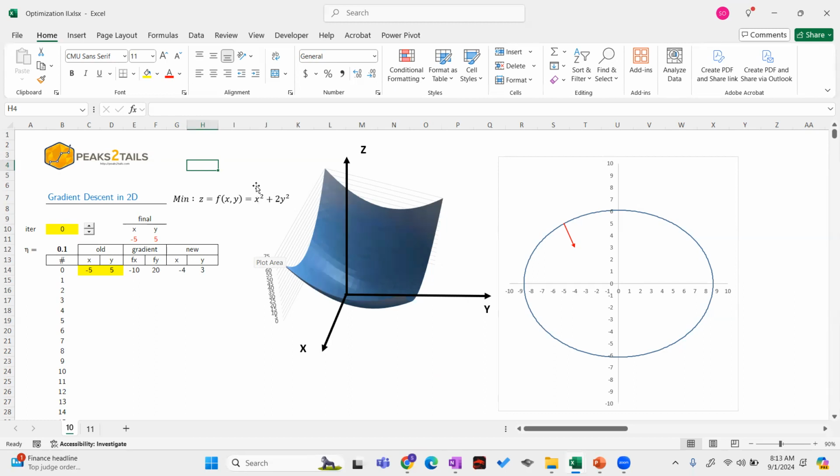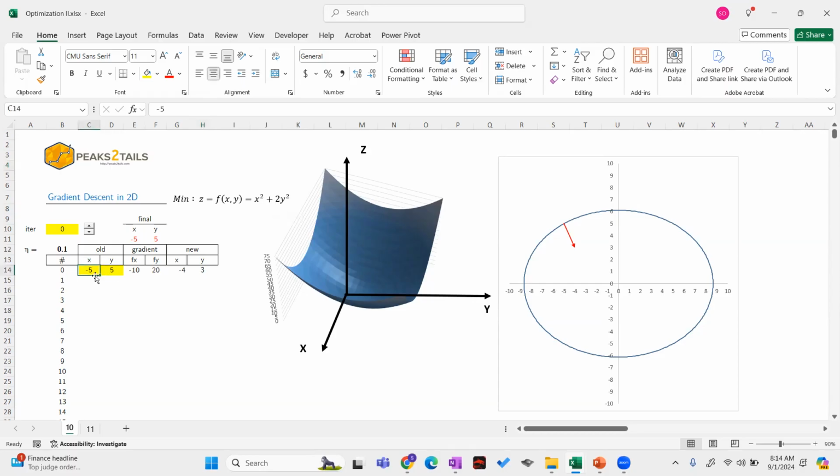Where is the minima of this function? Okay, 0, 0. Excellent. Because these are squares, the minimum value of a square is 0. So minima is at 0, 0, and the value is 0.